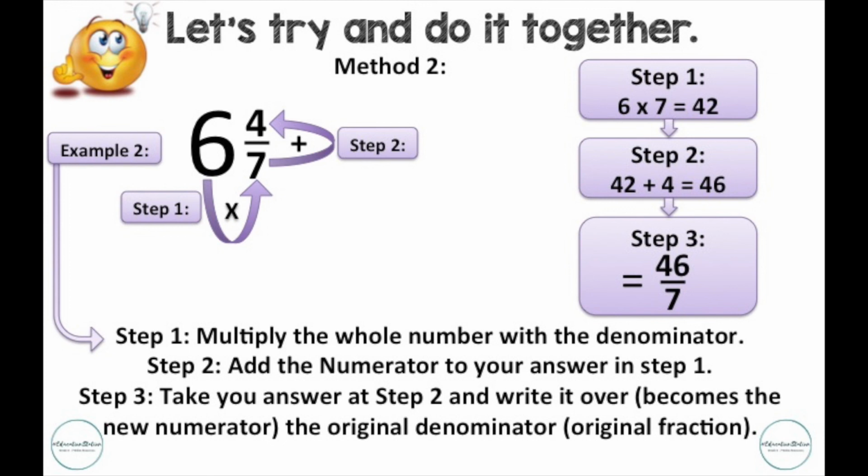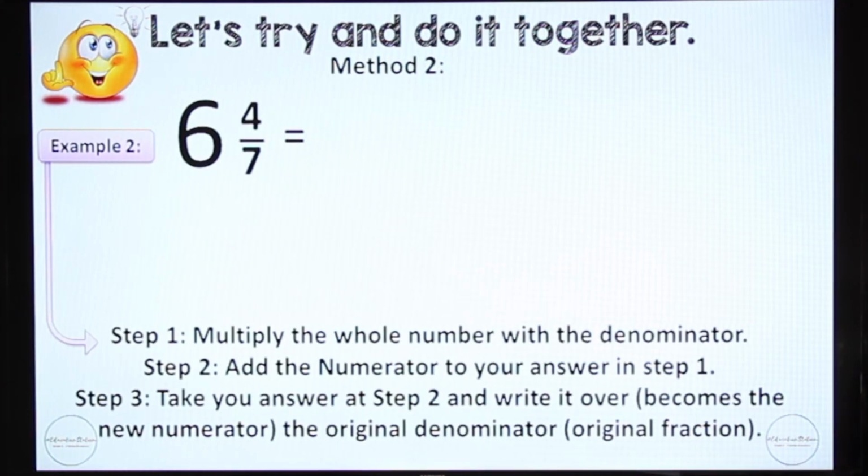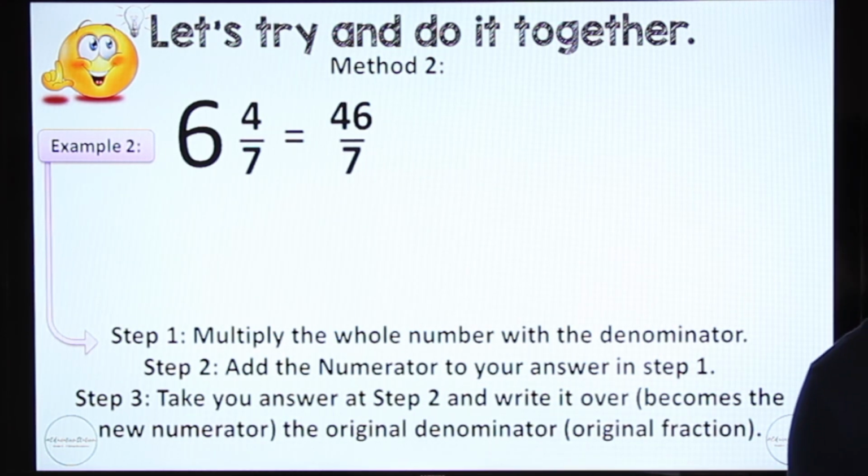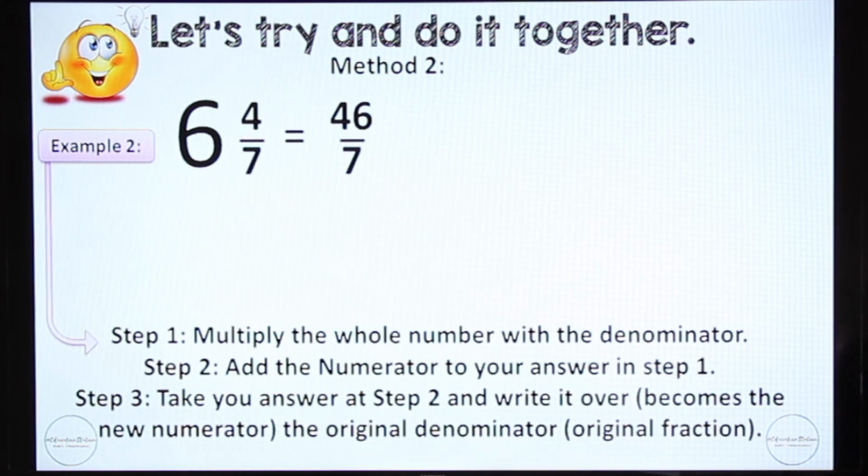And therefore you have 46/7. So if I ask you in a test to convert a mixed number into an improper fraction, that would be your answer. 6 4/7 would equal 46/7.